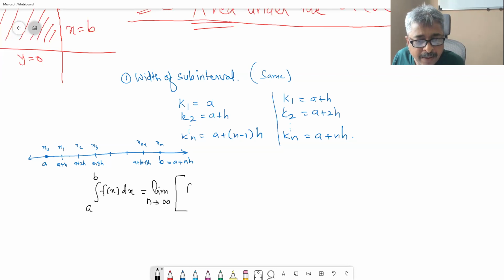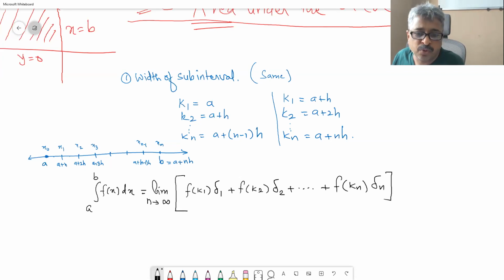We are supposed to add f of k1 times delta 1 plus f of k2 times delta 2 plus dot dot dot plus f of kn times delta n. This is what we are supposed to add, and then take the limit as n tends to infinity. That is the meaning of the definite integral. So putting this into our notation now.